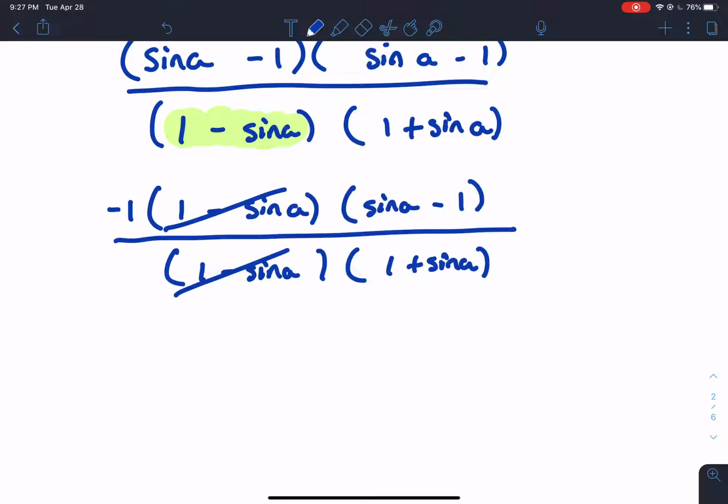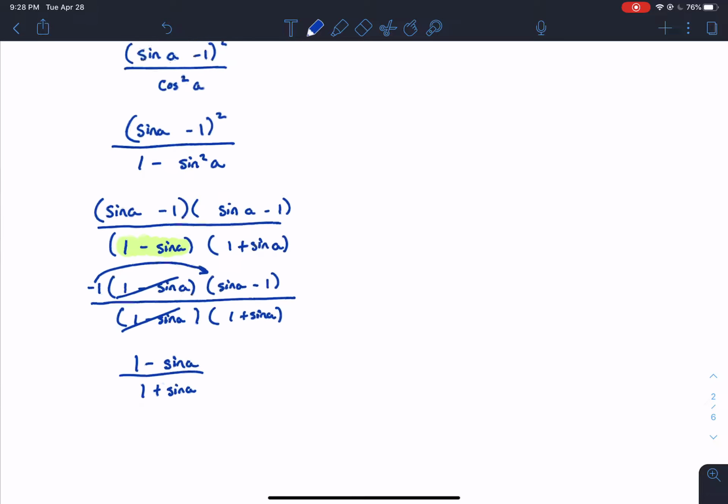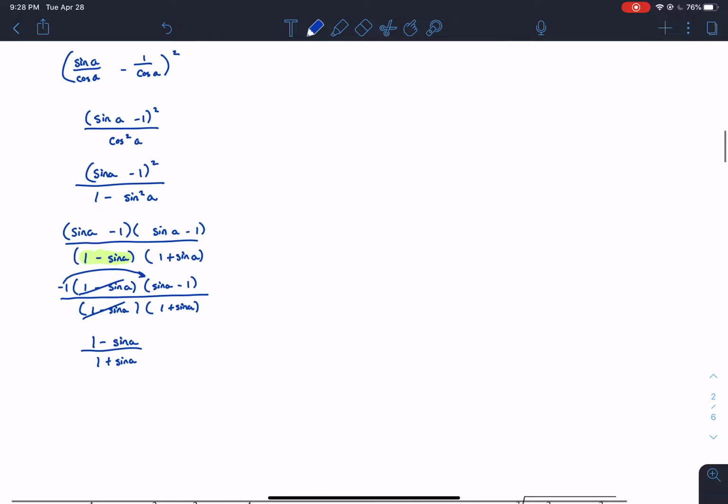Now, if you take this negative 1 that you factored out and distribute it to what you have left in the top, you're going to be left with 1 minus sine of A over 1 plus sine of A, okay, which is what you need.